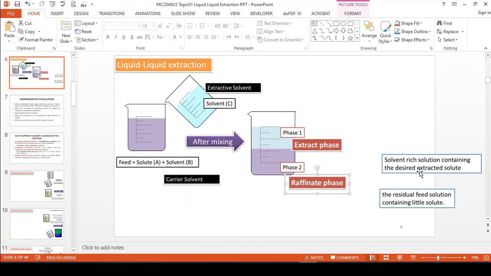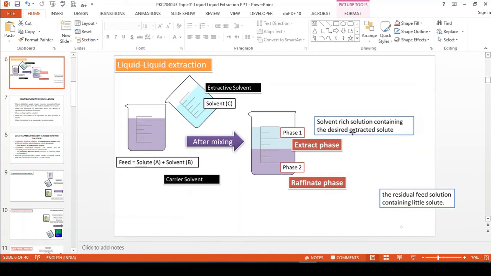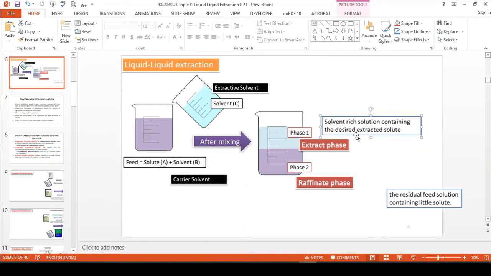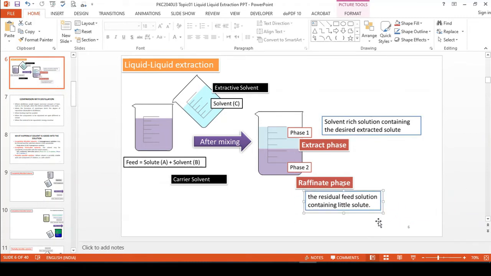The extract phase is where the extractive solvent has taken the material from the feed, the solvent rich solution containing the desired extract solute, and the raffinate phase is the residual feed solution left after.